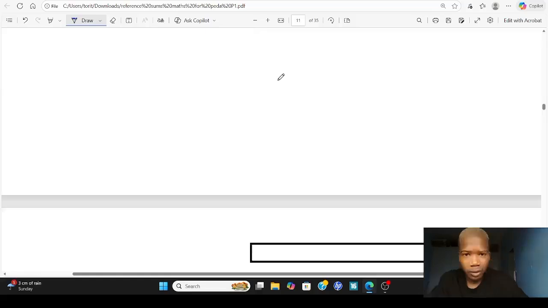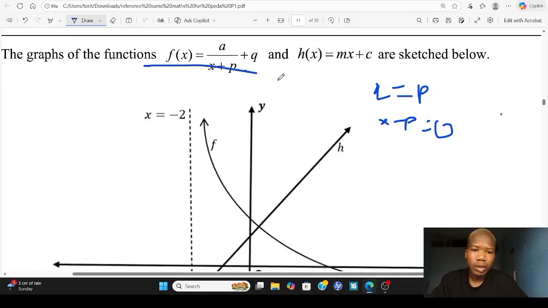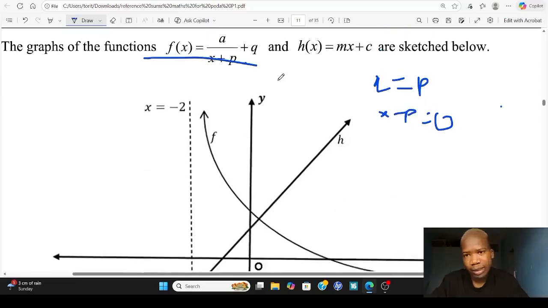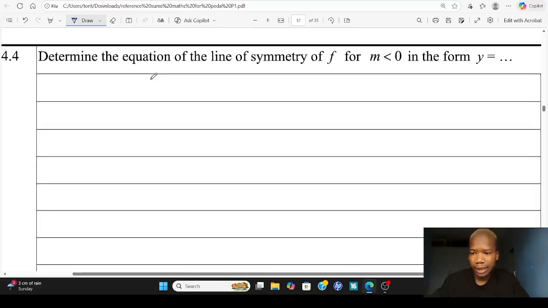We can see, let us go check from our equation here. Okay, let us check properly. Y is equal to mx plus c, where m is less than 0, so we know that the gradient is minus 1, right?